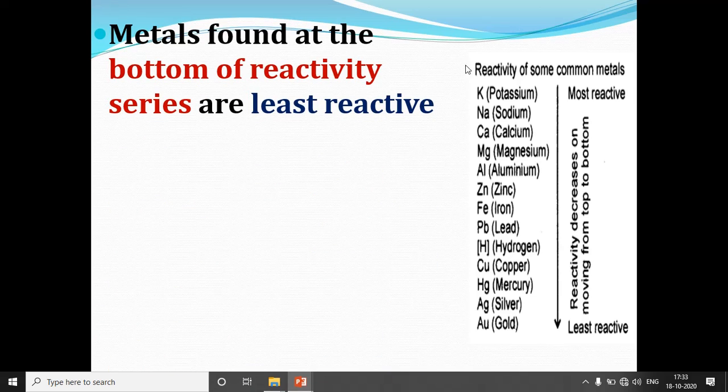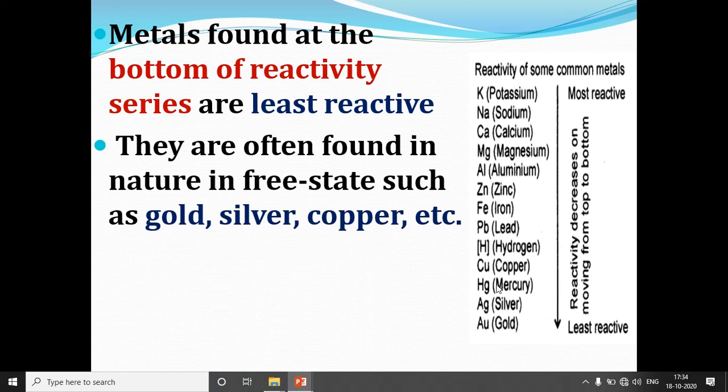Now, already we have studied about the reactivity series of metals, isn't it? Are you remembering? Metals found at the bottom of the reactivity series are least reactive. Here in this picture you can see the metals at the bottom of the reactivity series, the less reactive metals.